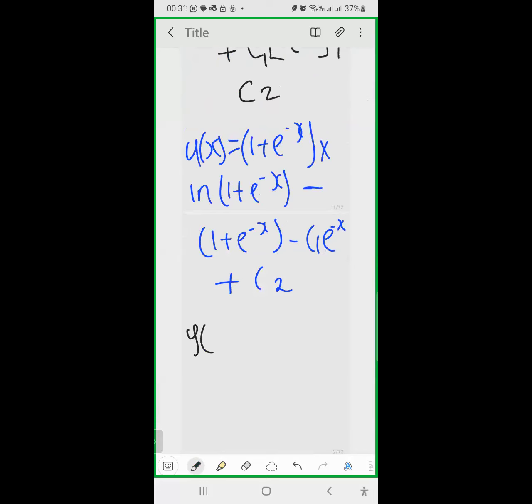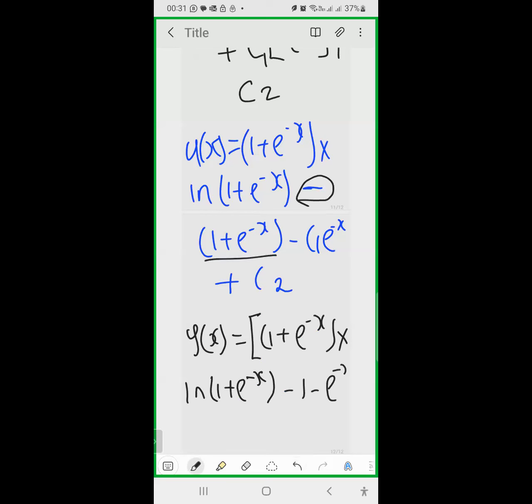y of x, which is equal to u of x. And we found u of x to be 1 plus e to the power minus x, multiplied by the ln of 1 plus e to the power minus x, and then minus, we can see that we're going to have minus 1 when we take this minus to multiply by this, then minus e to the power minus x, and then also we have minus c1 e to the power minus x plus c2 close bracket.